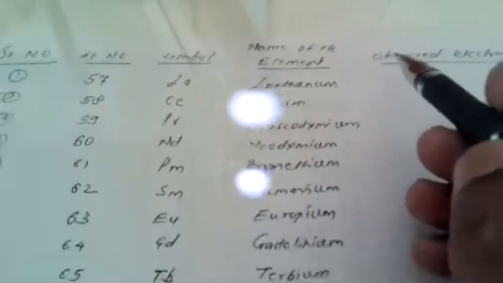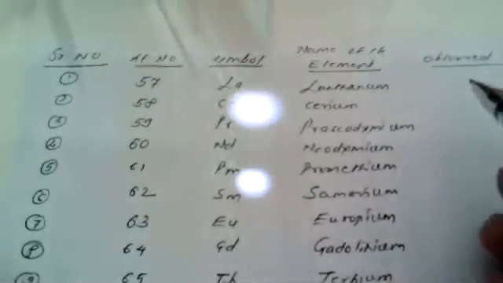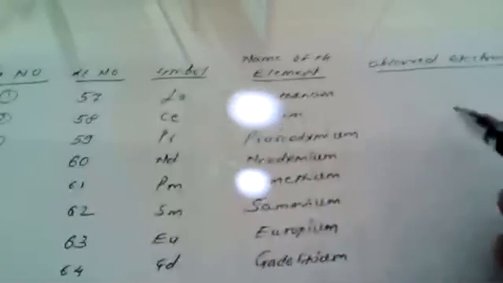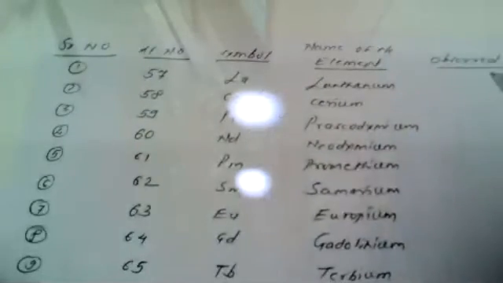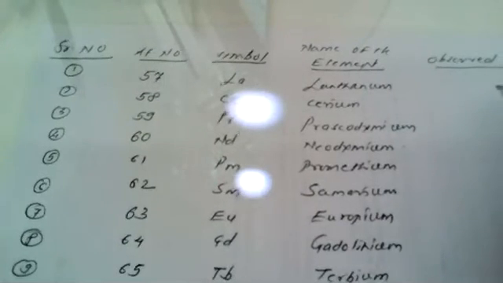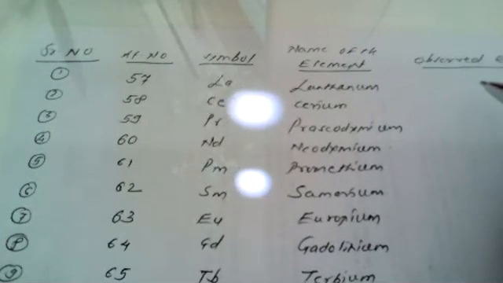So if you know the atomic number and the names of the elements, then it is very easy to write the observed electronic configuration. Or sometimes a twisted question may be given, where you will be given the electronic configuration of the element and you have to identify the name of the element. So you should be very well familiar with the observed electronic configuration.